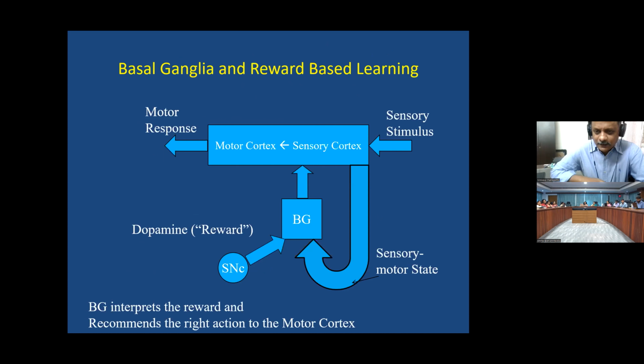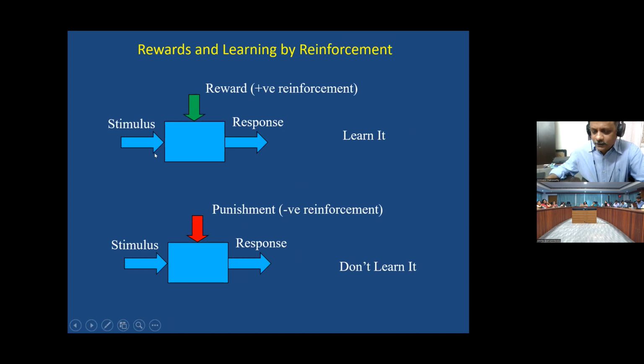Now we can straight away see, without having any detailed understanding of basal ganglia, its anatomy, its neurochemistry, and all that, just by a glimpse of its anatomical position in the brain, you can already see that it is potentially a reinforcement learning machine. Why is that? Because if you see where it is placed in the anatomy, it gets input from the sensory motor cortex, right? So sensory cortex tells you what is the stimulus.